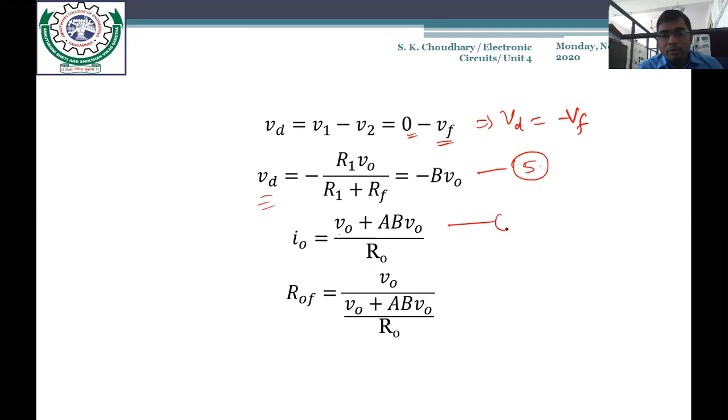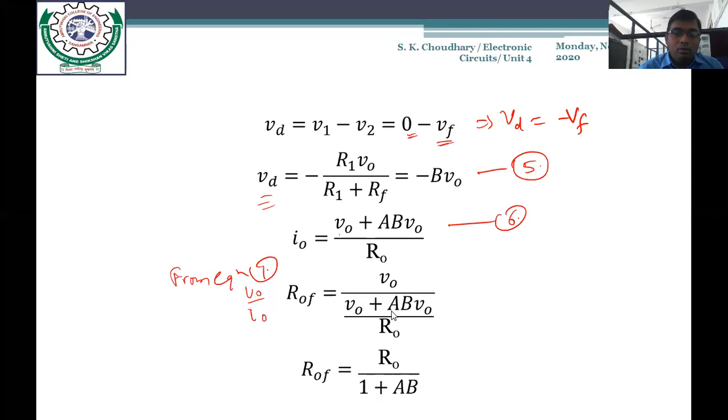This is equation number 6. Substitute this into equation number 1, R naught F is equal to V naught upon I naught. You get R naught F is equal to R naught upon 1 plus AB.